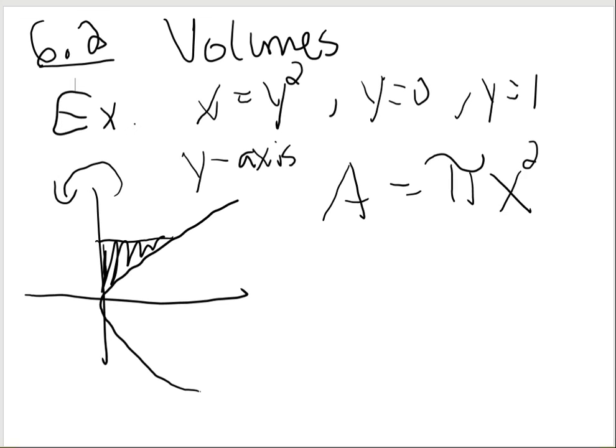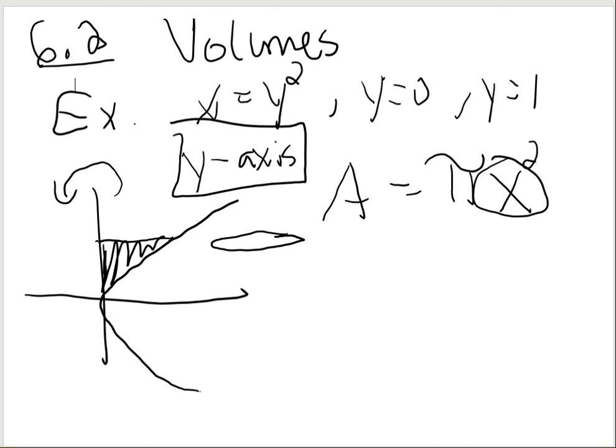It's pi x squared. Whatever axis you're revolving around, this is going to be the other variable. If we do a cross section, our slices will look something like this, where that radius is now our x coordinate.